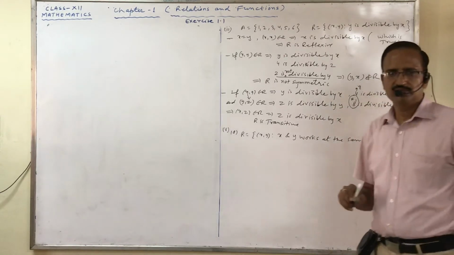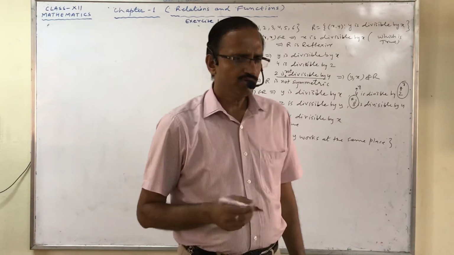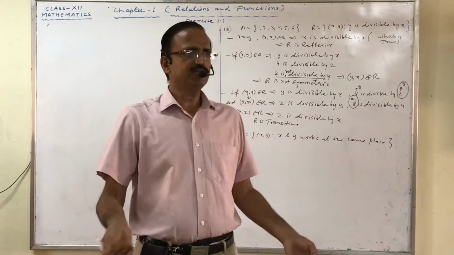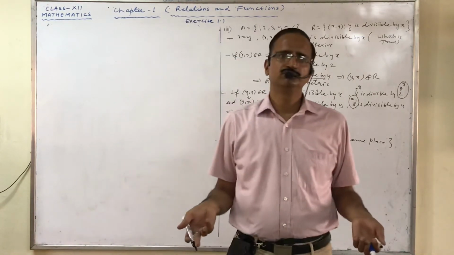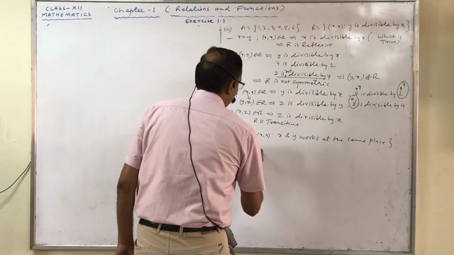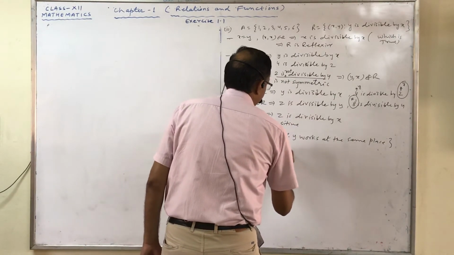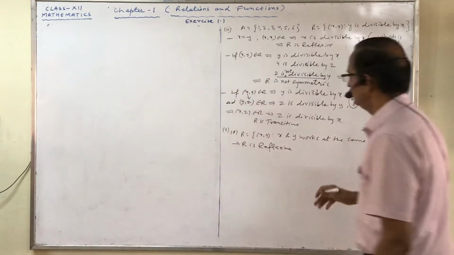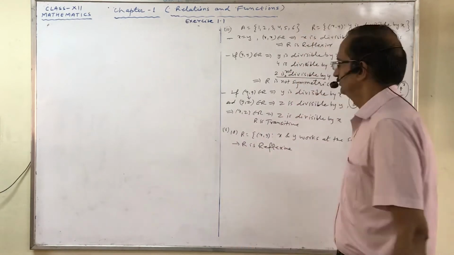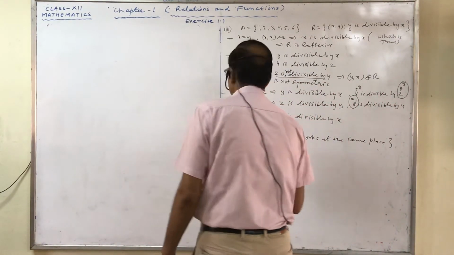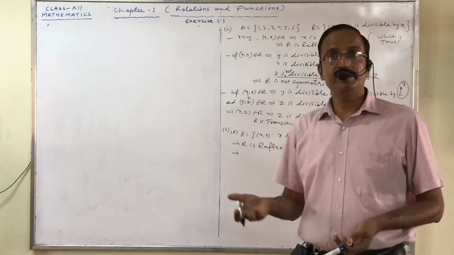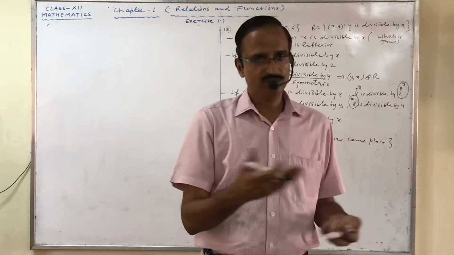So we will check whether it is reflexive. Okay, x and x means a person and himself both work at the same place. So it is true. So we can say that R is reflexive. Why? Because a person and himself both work at the same place. Now come to the second one, symmetric. If x and y work at the same place, it means y and x also work at the same place.